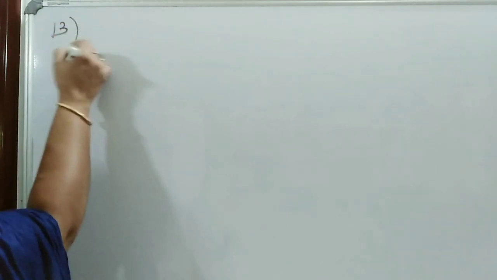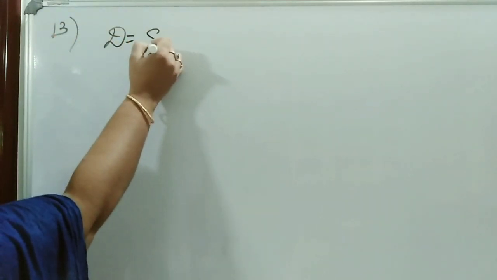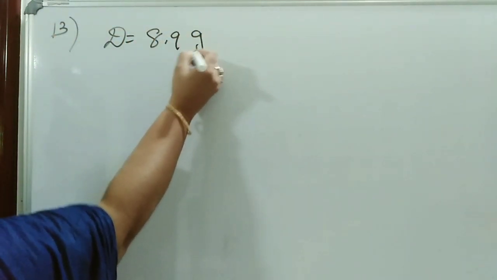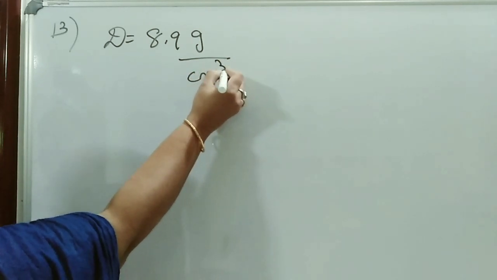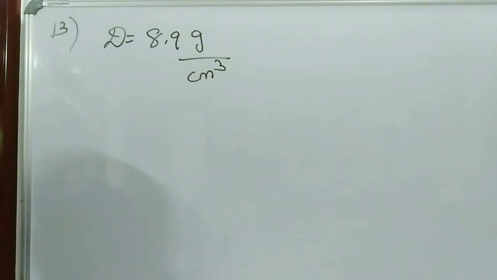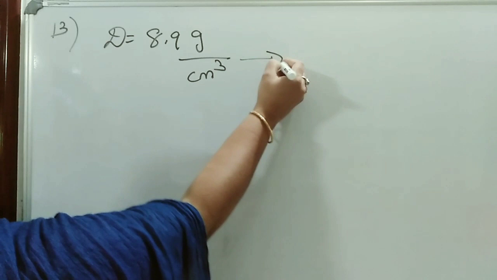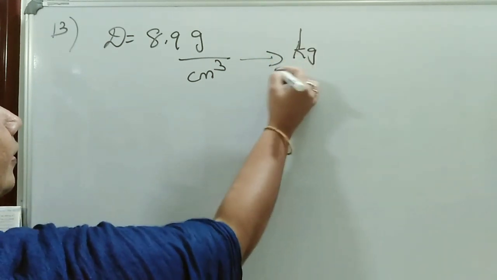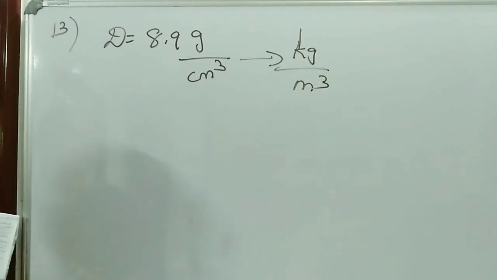Final answer. Question number 13. The density of copper is given as 8.9 gram per centimeter cube. What will be its density in kilogram per meter cube? So no substitution.